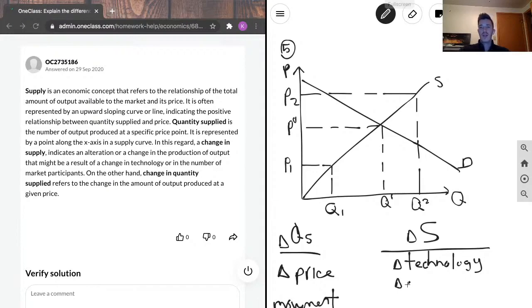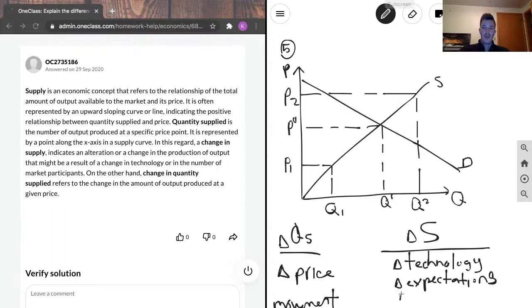Change in consumer expectations. Even something like a change in the weather.